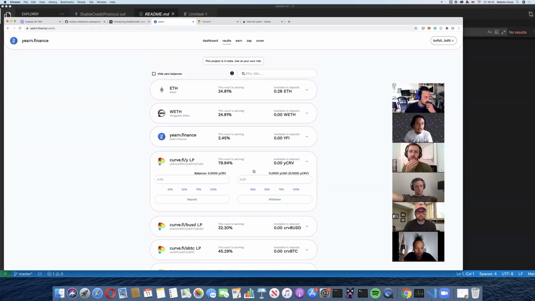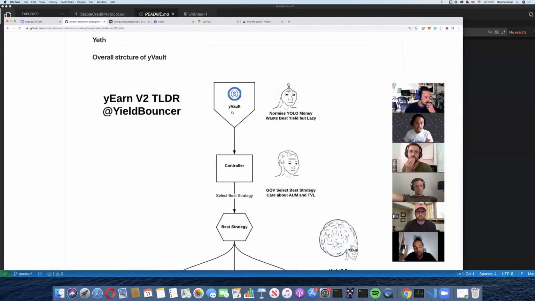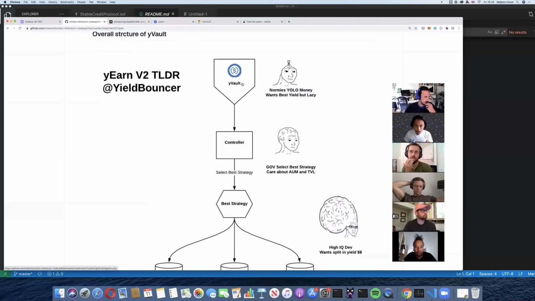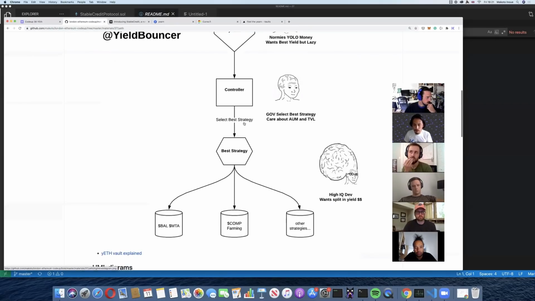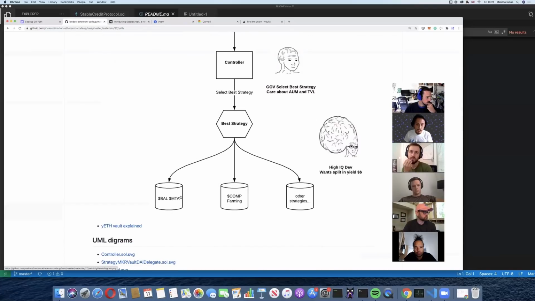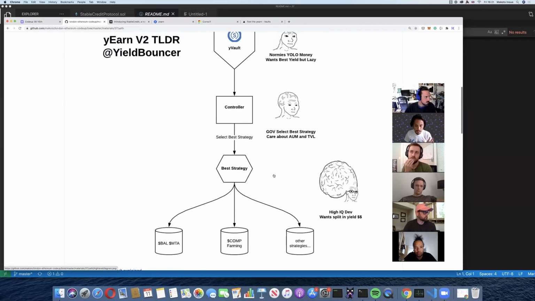Then it goes to the architecture: there are things called Vaults, which have a controller that selects the best strategy. But I think choosing the best strategy is not done automatically. It's done by governance, and whoever the admin is just switches, if I understand correctly, to certain strategies. Sometimes it's much easier to farm certain governance tokens than others, so based on governance, I think it switches. So that's the base.